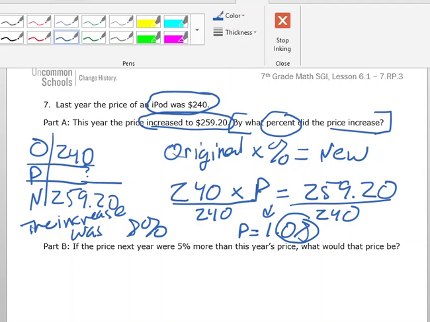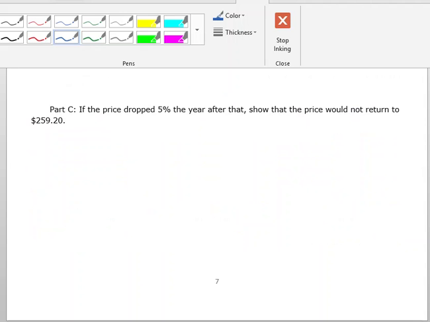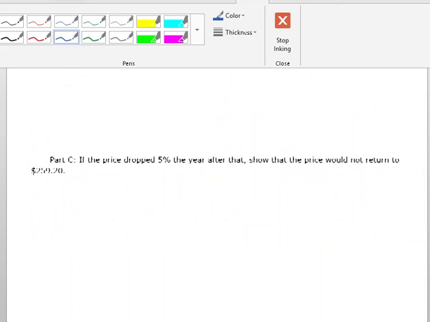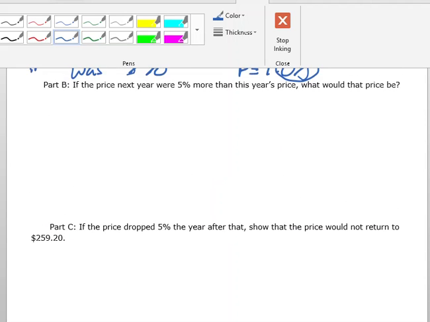Okay, we'll move on to part B. If the price next year were 5% more than this year's price, what would the new price be?